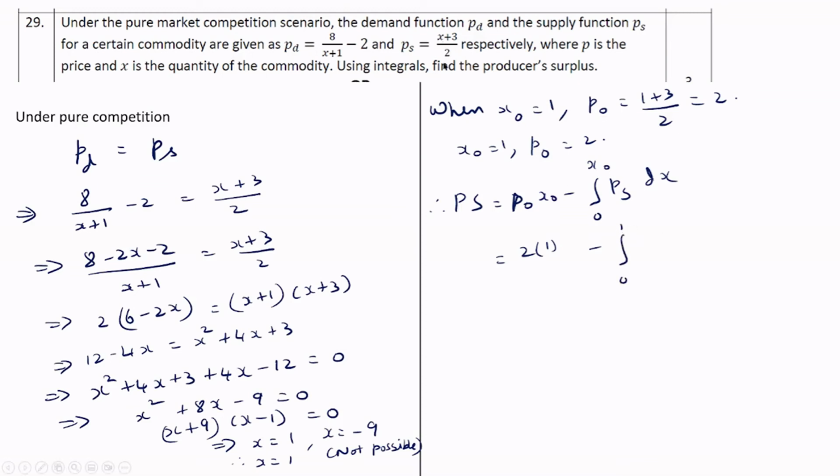Supply function is x plus 3 by 2 dx. So it is 2 minus half into x dx is x square by 2 plus 3 dx is 3x with the limits 0 to 1.